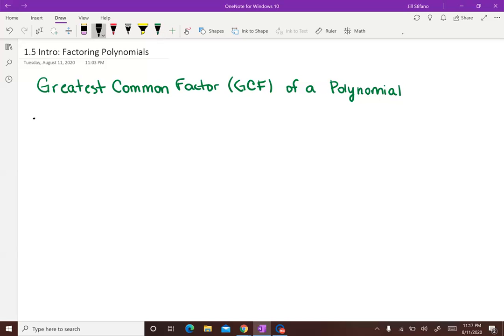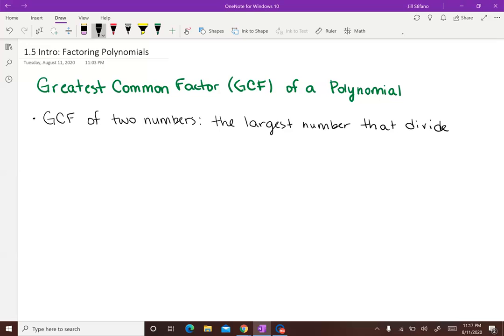Recall that the GCF of two numbers is the largest number that divides evenly into both numbers.